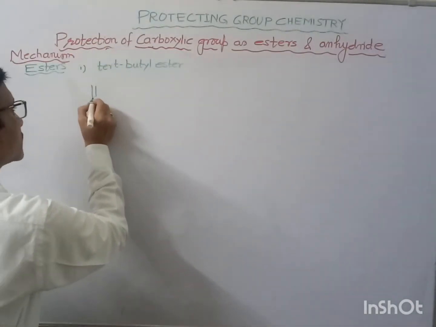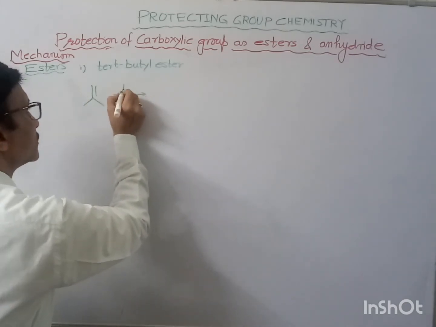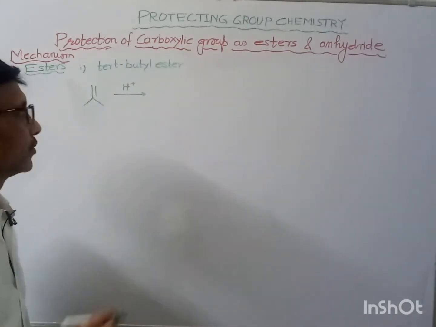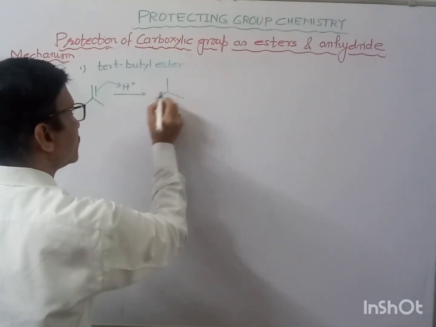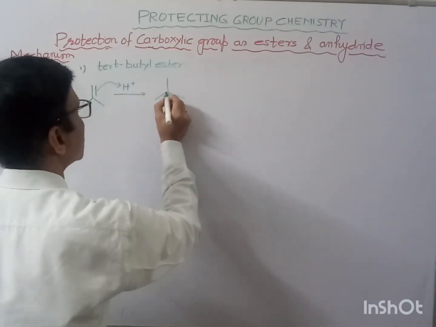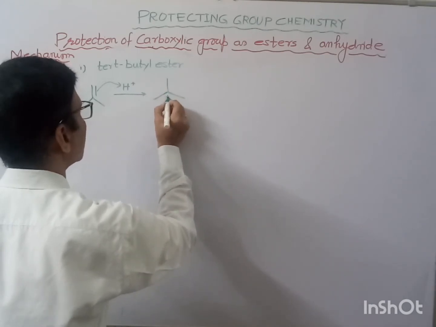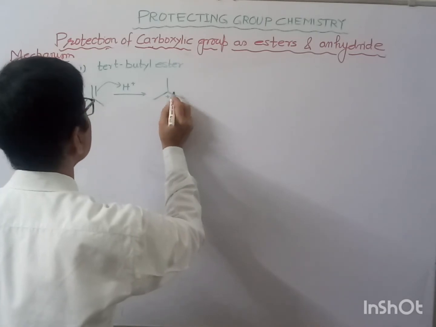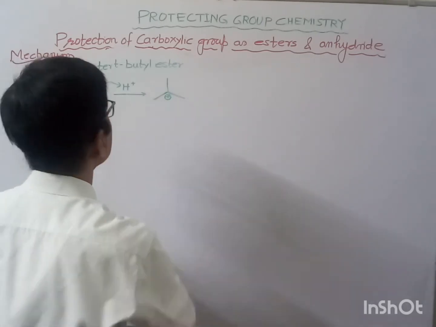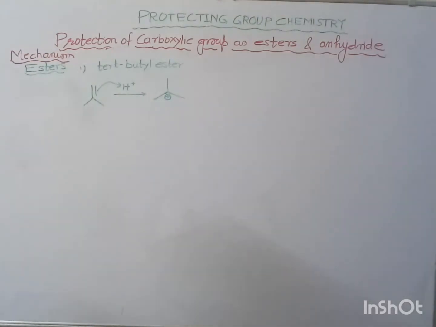By using isobutylene in the presence of H plus. So this will generate a tertiary carbocation.